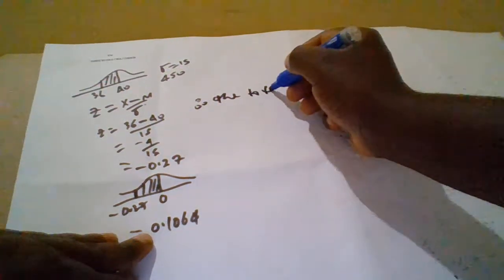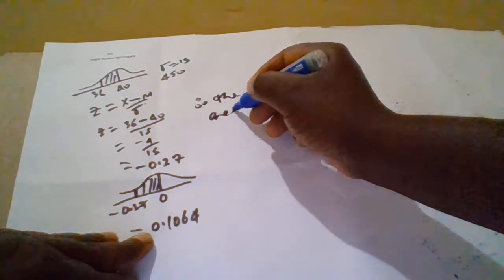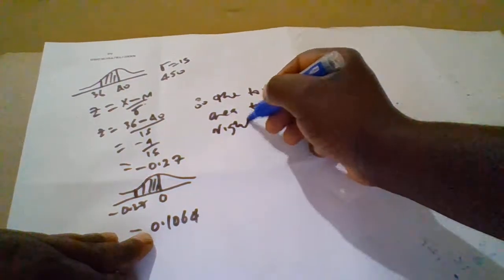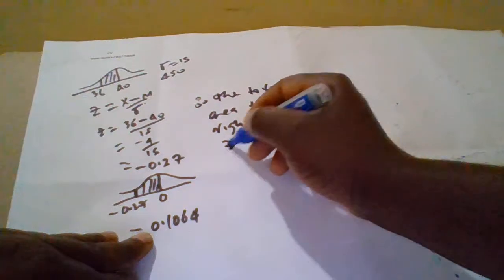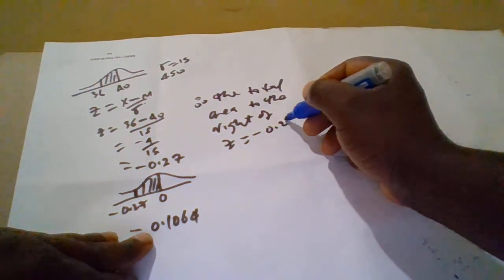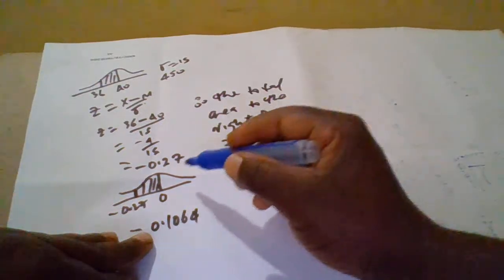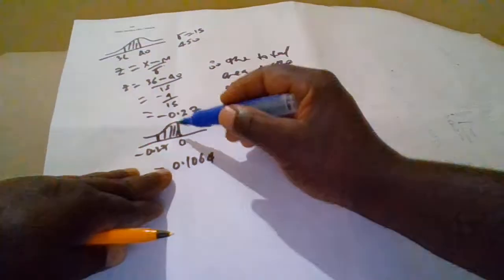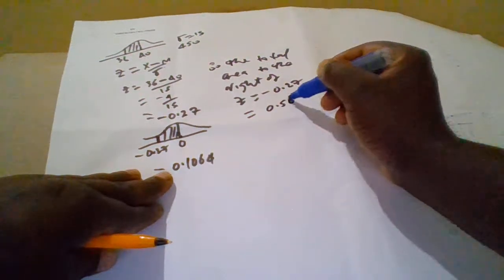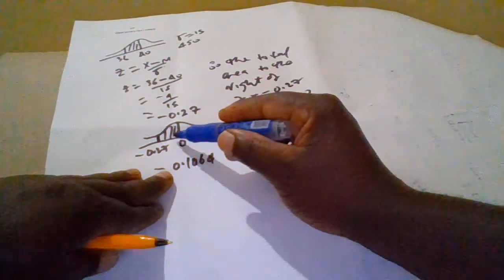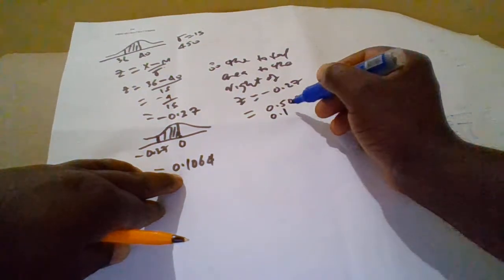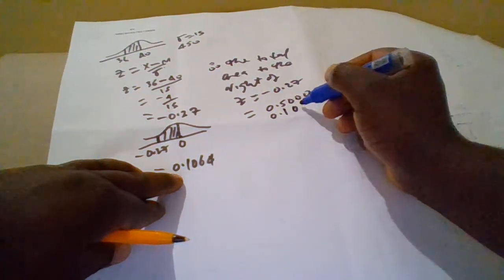Therefore, the total area to the right of Z equals negative 0.27 equals, from the mean to this side, 0.5. Then we add the area that we have calculated to be 0.1064.